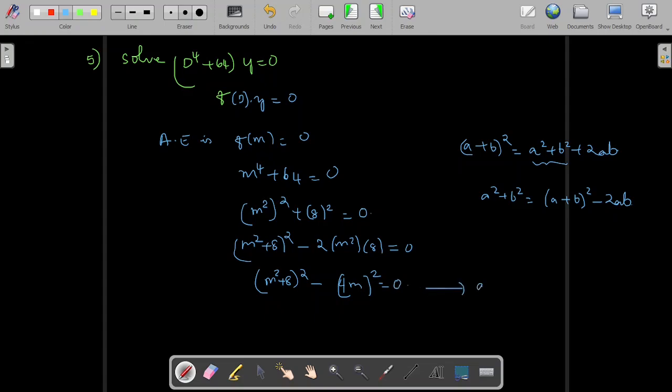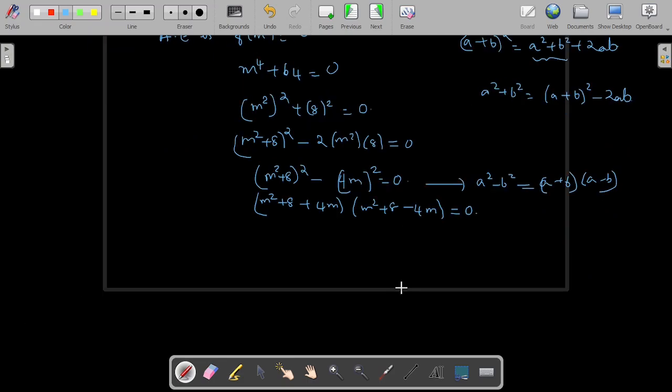Now here you can apply the formula a square minus b square, (a plus b) into (a minus b). So this is a simplification technique. (m square plus 8 plus 4m) into (m square plus 8 minus 4m) equal to 0. Now you have to solve these two factors.